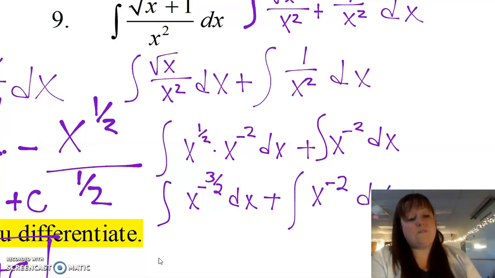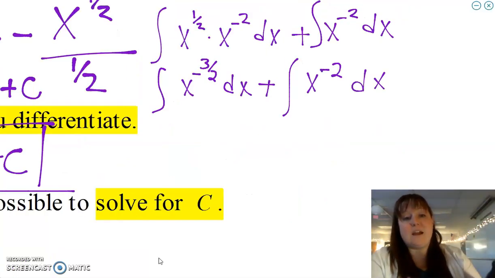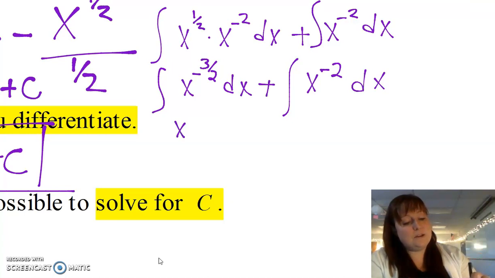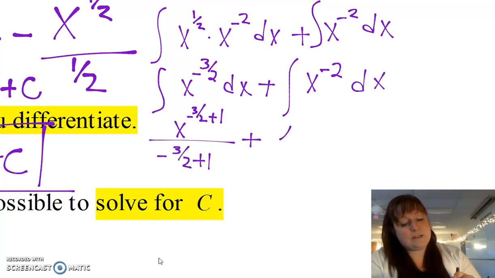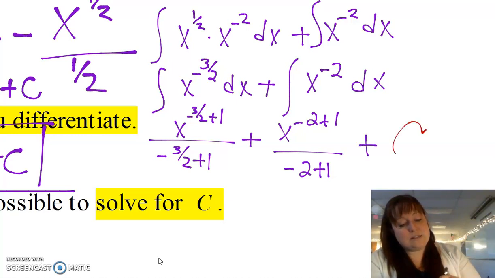And then now we can finally integrate. So we did all that work. Now we're just going to find the actual integral. Okay, so the integral of this, we would go x to the negative 3/2 plus 1 over negative 3/2 plus 1, plus x to the negative 2 plus 1 over negative 2 plus 1, plus c.